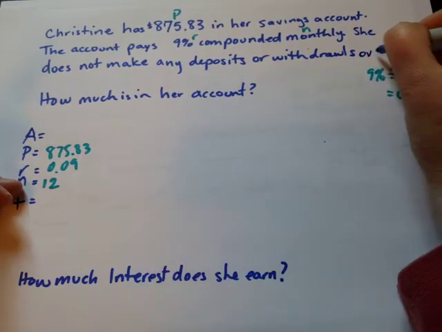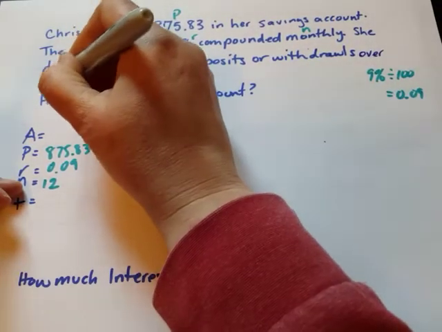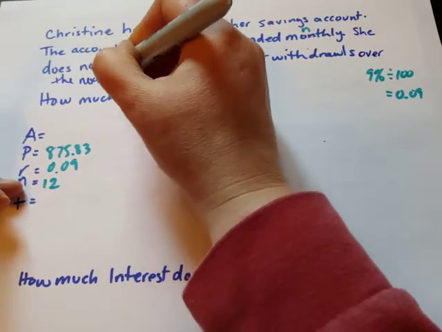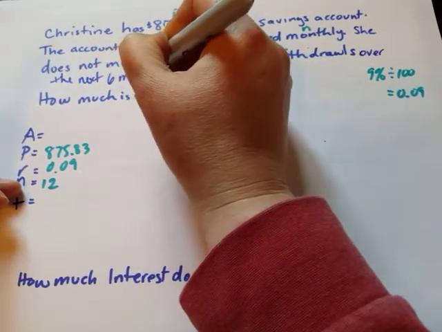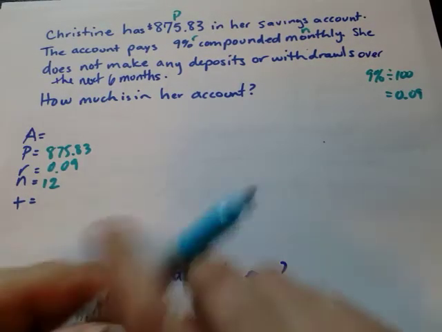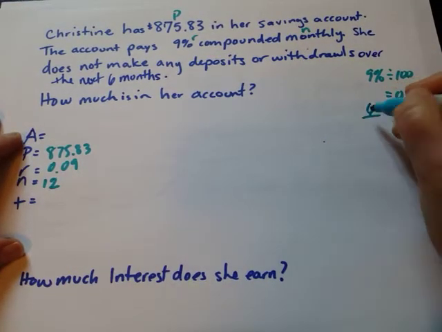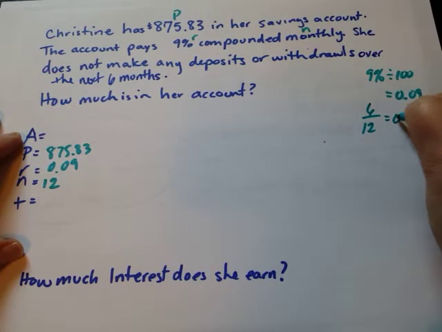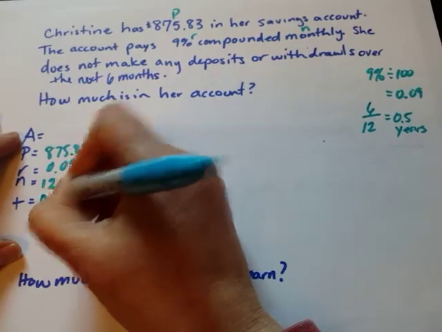There we go. We're missing the T. So in terms of 6 months, we want to divide that by 12 months to get 0.5 years. And that'll be our T.